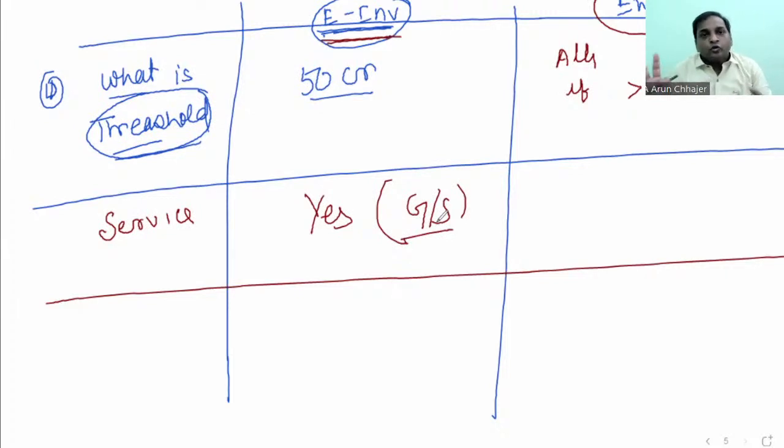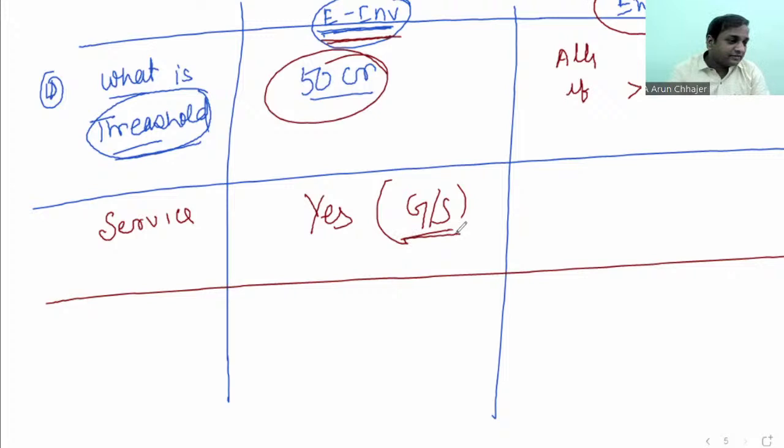If you have aggregate turnover more than 50 crore, then you need to generate the e-invoice, whether it is goods or services, in every case. But tell me, for the Eway bill, is it required?